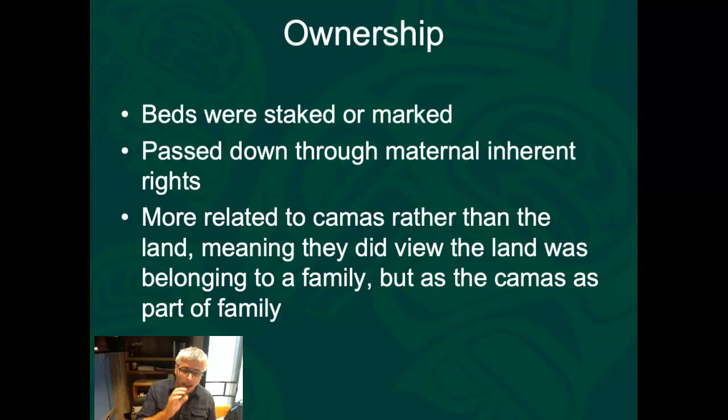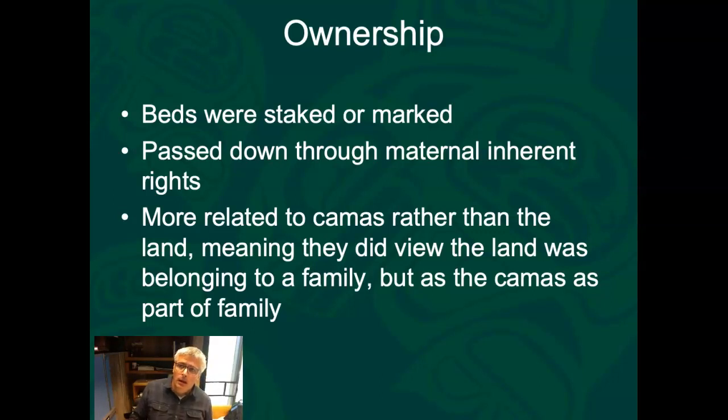And camas areas were managed and inherited, and they were inherited on the maternal side. So it was a woman's area, it was her inherent right of where she could harvest camas. It's a bit different than ownership. We often use the word proprietorship.